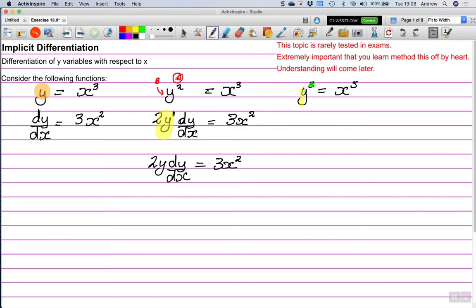Differentiating the power first, I multiply by the power, which is 3, and then I put the power down 1, so 3 goes down 1 to 2, and then I multiply by the differential of what's inside, and the differential of y is dy/dx. And when I differentiate x to the power 5, just with respect to x, it's 5x^4.